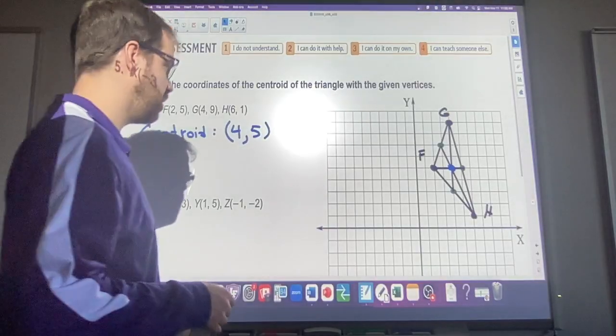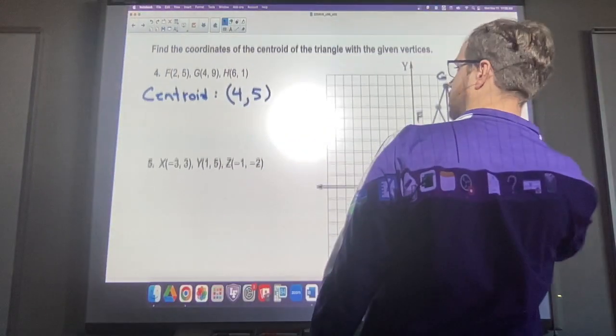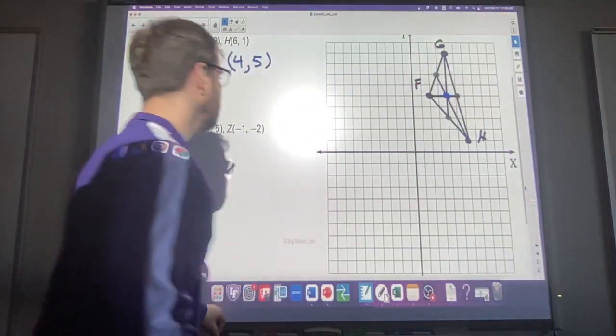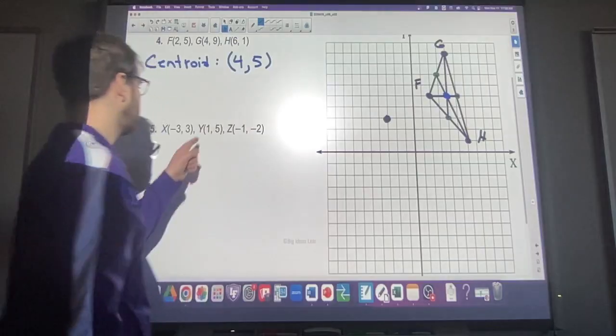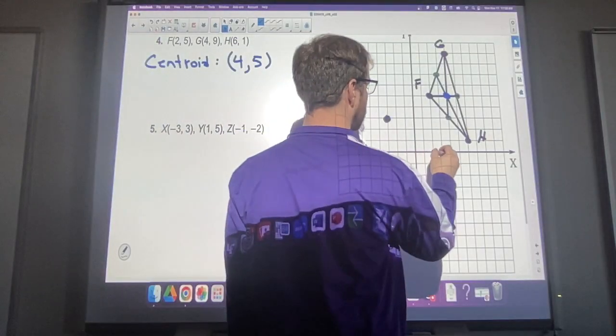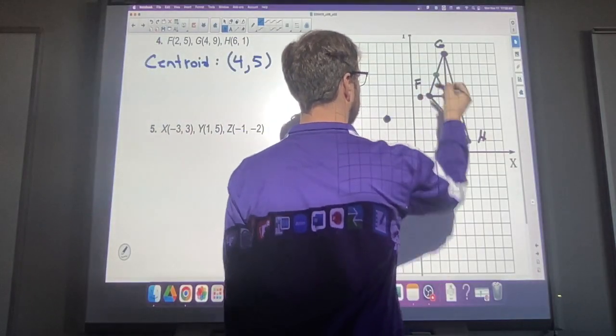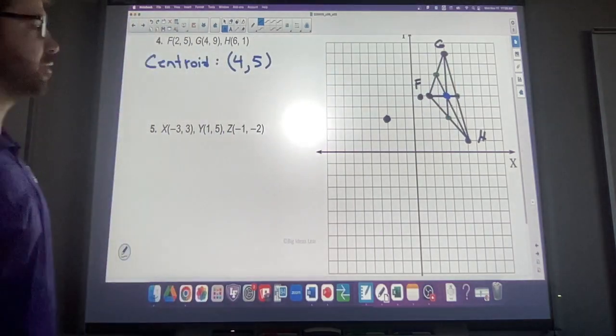Do this one now. Scroll down a little bit. Negative 3, 3. 1, 5. And negative 1, negative 2.